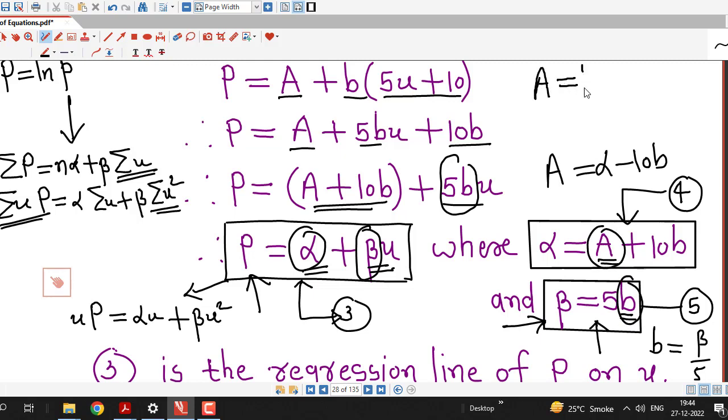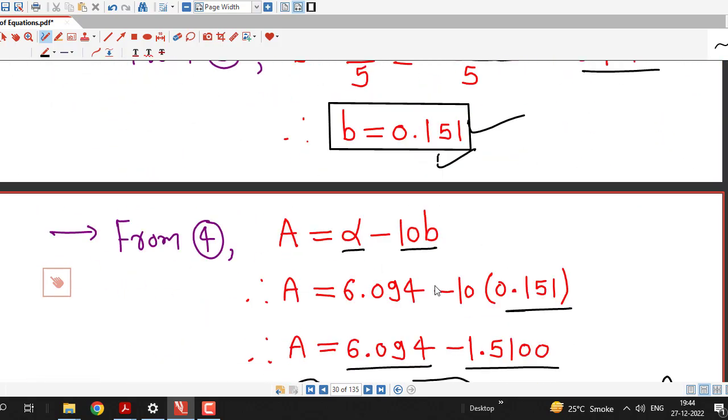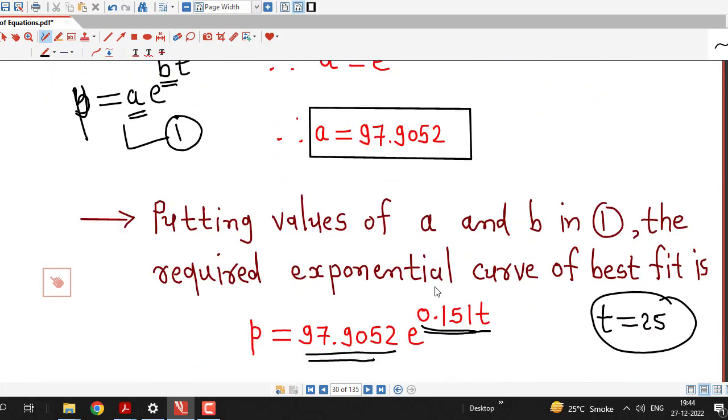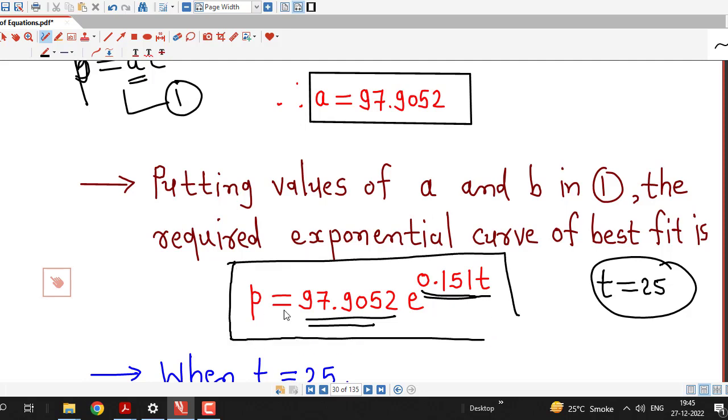And because capital A is log of small a, we can find value of small a by taking e to the power capital A, and we are able to decide this exponential curve which is of best fit to the given data. And using this equation we are able to predict the population for t equal to 25 years.